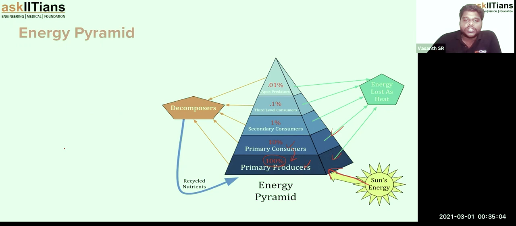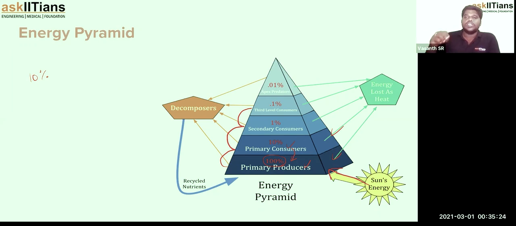So only 10% of whatever they eat will be stored or transferred as energy into the next trophic level. In every trophic level, the amount of energy is maintained as 10% of the previous trophic level.